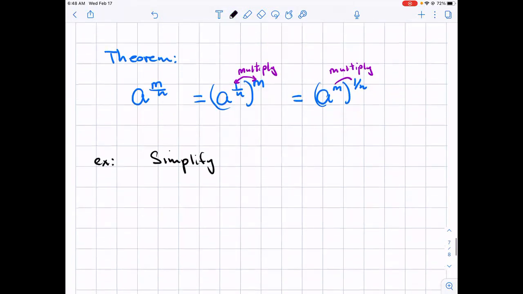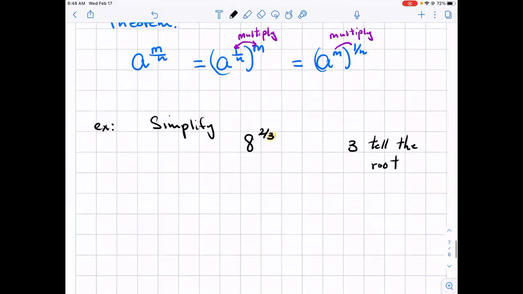If I ask you to simplify, what is 8 raised to the 2/3 power? Well, remember that the denominator tells the root. 3 tells the root.